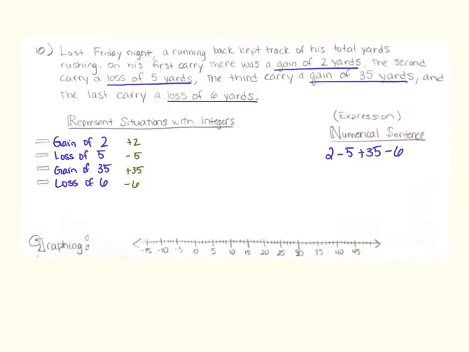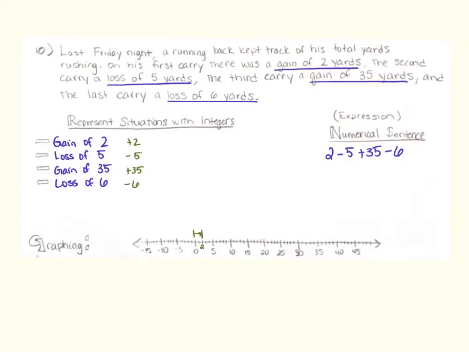Starting at 0, we're going to go to the right. So be careful with this number line. Okay, 2 spaces is only this much because right here is the number 2. Now we're going to go back 5.